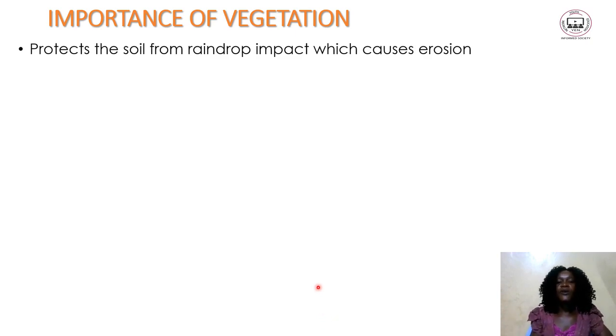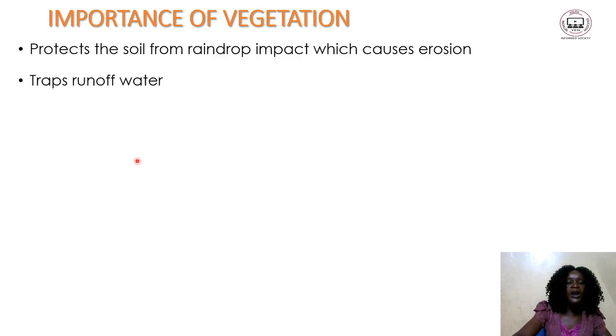Therefore, the raindrops will reach the soil with less force, reducing splash erosion.